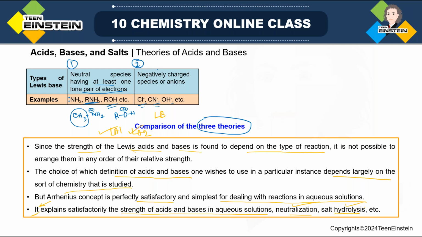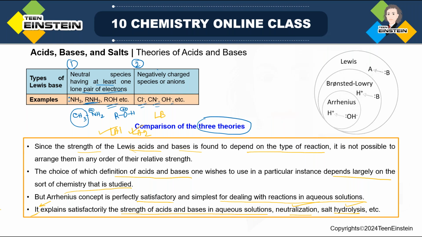Whatever topics are in this unit, you will see they will mostly be based on Arrhenius theory. But still these three theories we should know, that is a basic idea we should have. We will mostly dive deep into the Arrhenius concept only, but the other two concepts also you should know. So here we have a pictorial representation.